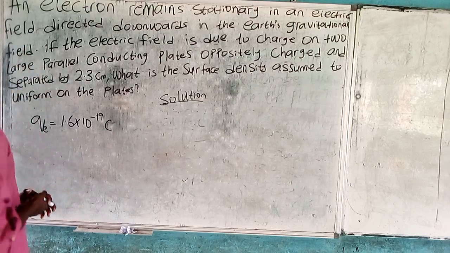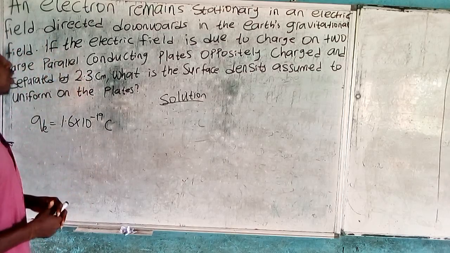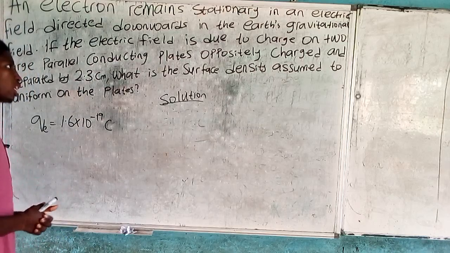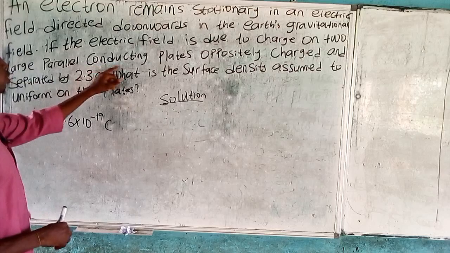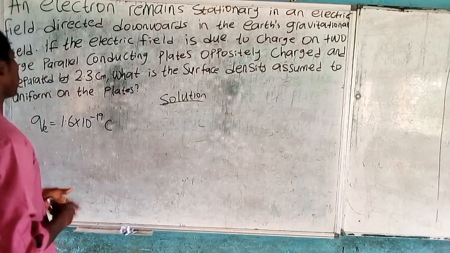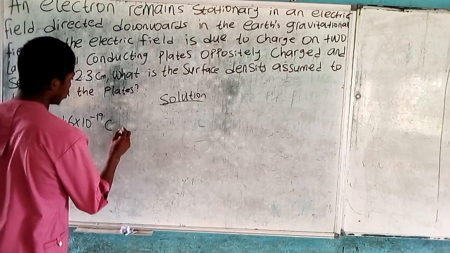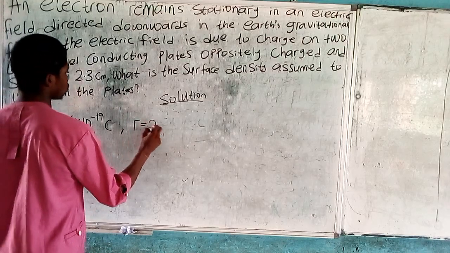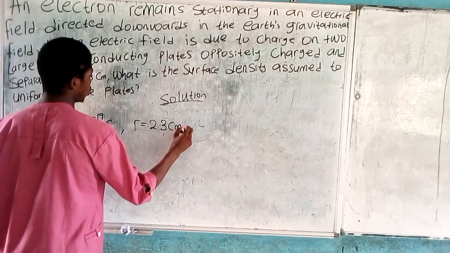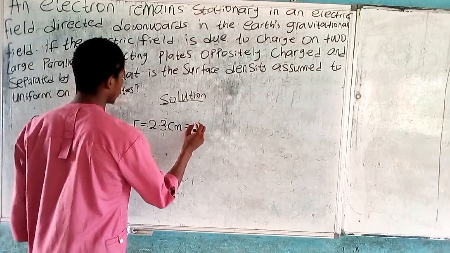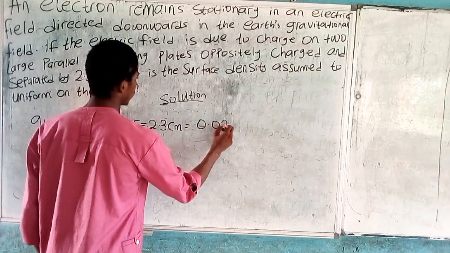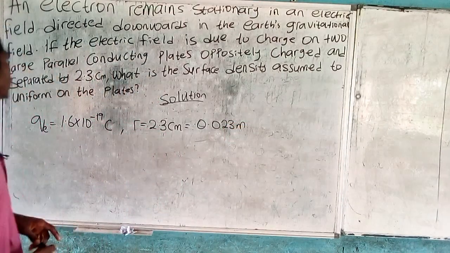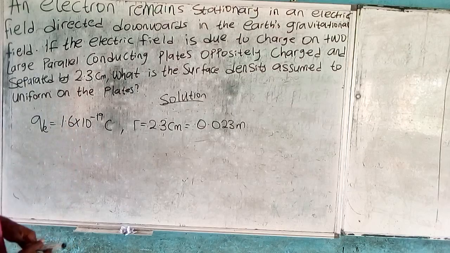The plates are separated by a distance, call it D or R. So R is 2.3 centimeter. You convert this to meter, that gives us 0.023 meters, right?